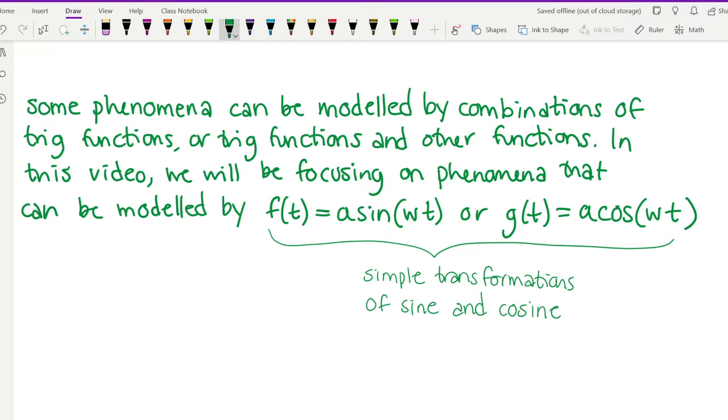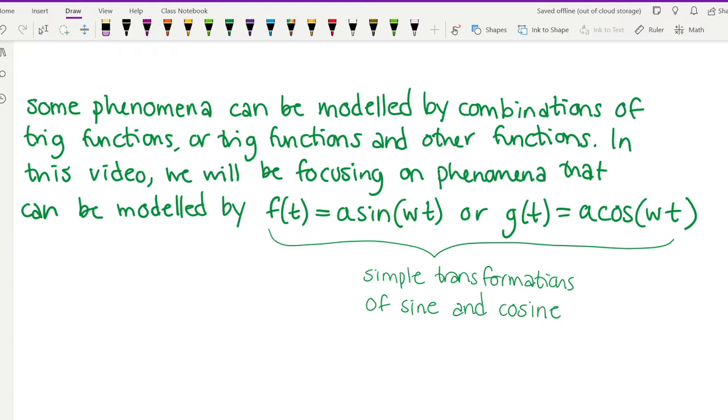Whatever number a is here is going to be some kind of a vertical stretch and potentially also a vertical reflection. And whatever number is in here is then going to be a horizontal stretch or compression. So really just taking the basic sine graphs and stretching or compressing them in different directions. That's what we're going to be focusing on in this video.